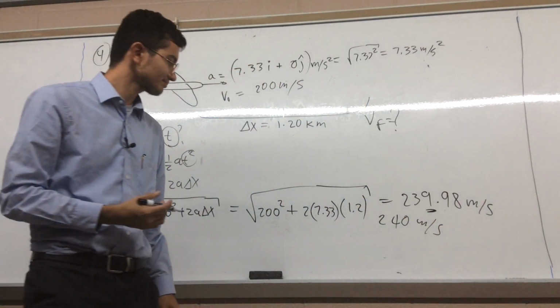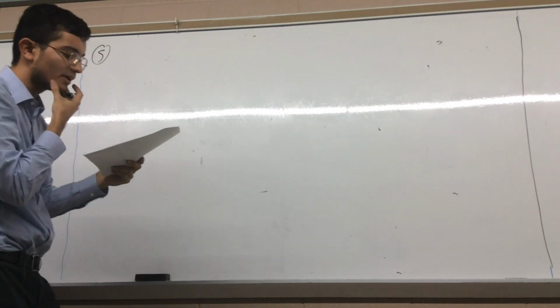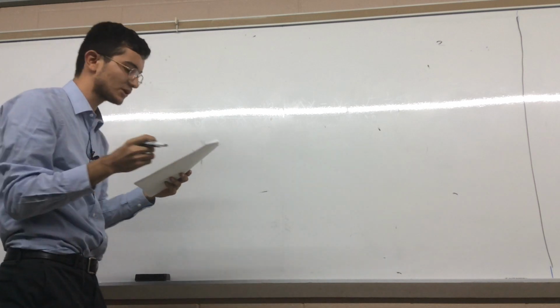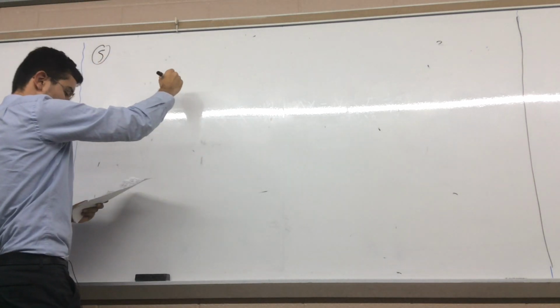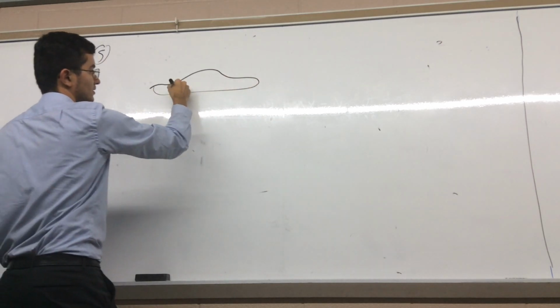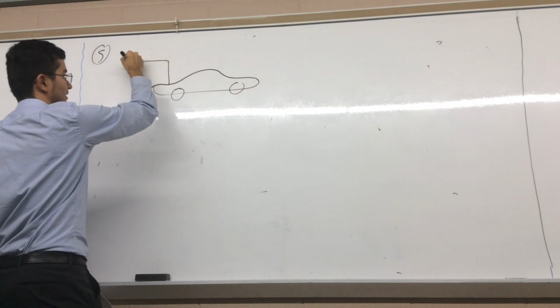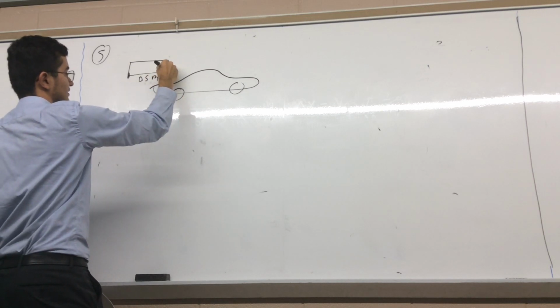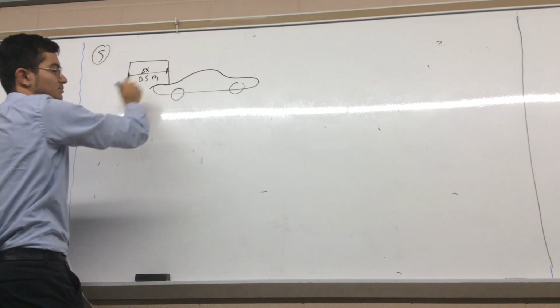All right. A car drives carrying a flag of width W equals 0.5 meters. So there's a car, and the car carries a flag, and the flag has a width of 0.5 meters. This over here is delta x, 0.5 meters.